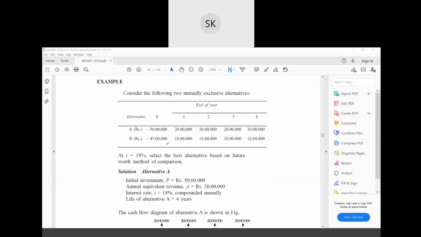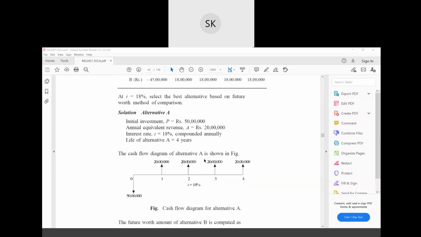After this investment, you get revenue at the end of each year: 20 lakh, 20 lakh, 20 lakh, till 4 years in case of A, and in case of B you get 18 lakh of revenue. Now i is given as 18%. You have to select which alternative is best based on the future worth method of comparison.